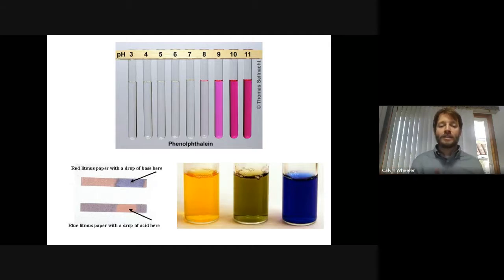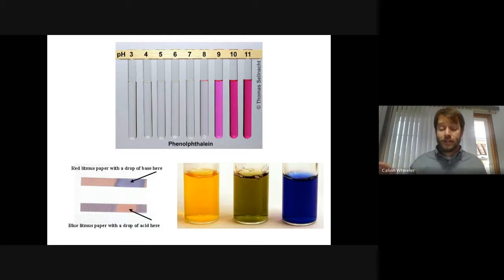So we need ways of testing whether something's acidic or basic. And what we do is we use substances called indicators. They themselves, indicators, are very weak acids. But what's special about them is that they change color. So we have a visual detection of whether something is an acid or a base.